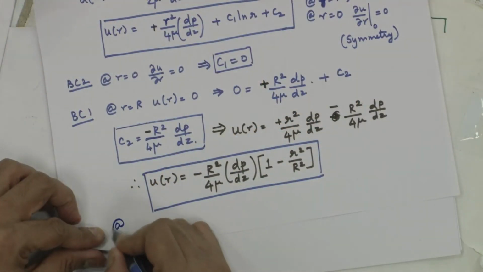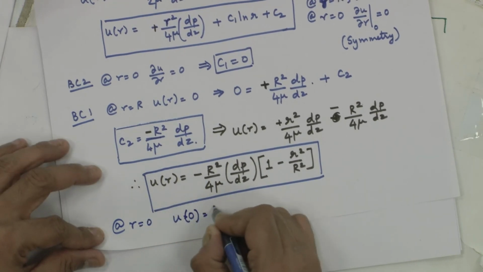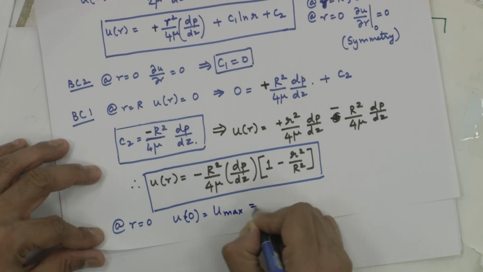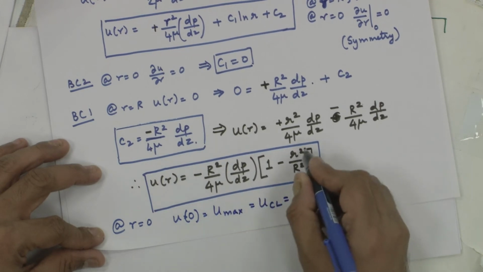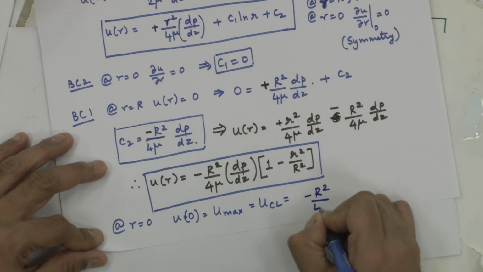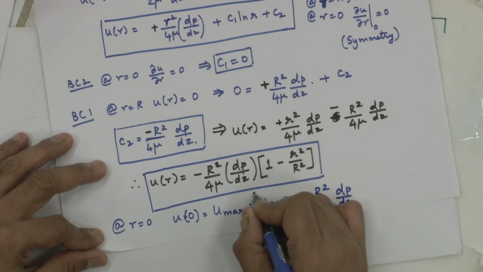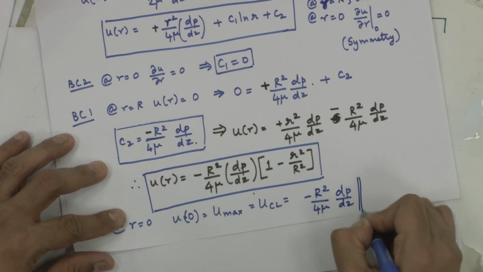I can write it here itself. U max is when r equal to 0. If I substitute r equal to 0, u of 0 is u max, the center line velocity, which is minus capital R squared by 4 mu dp by dz. This is the maximum velocity.